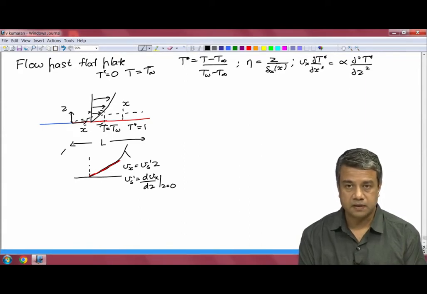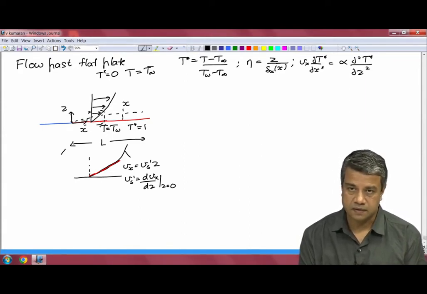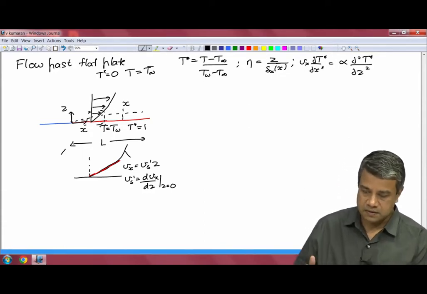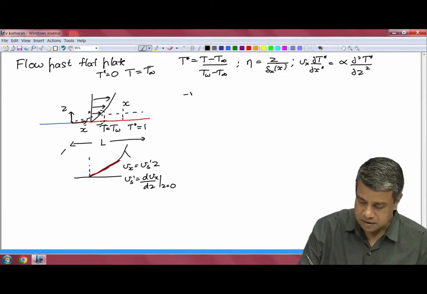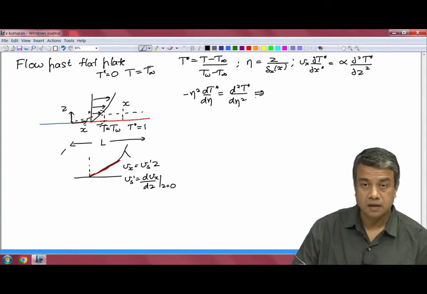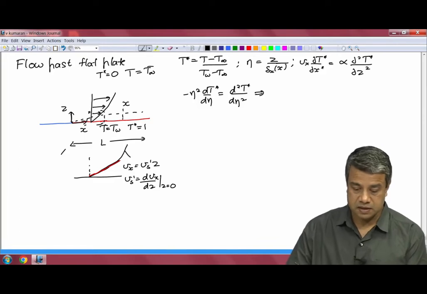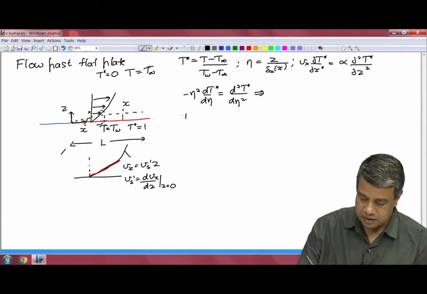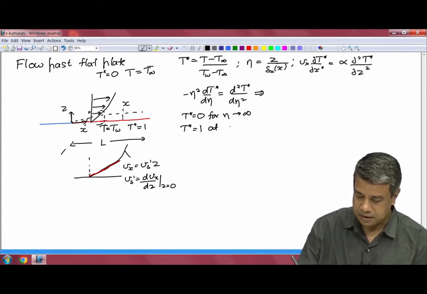Based upon these, we had got solutions for the boundary layer thickness and for the temperature field. The equation for the temperature field was minus eta square dT by d eta is equal to d square T by d eta square, subject to the boundary conditions T star is equal to 0 as eta goes to infinity, and T star is equal to 1 at eta equals 0.